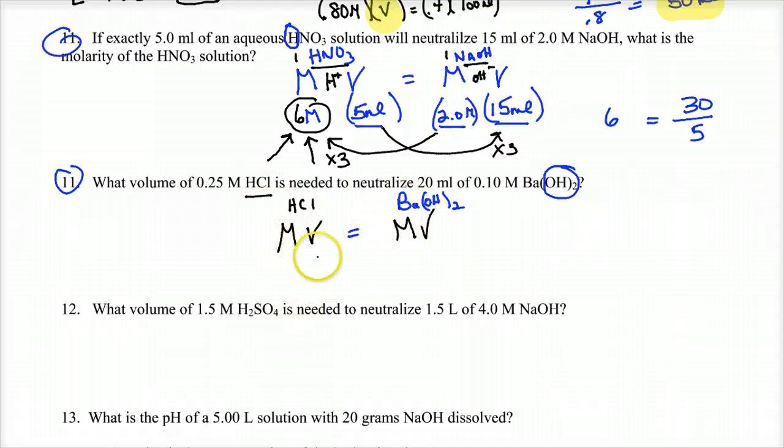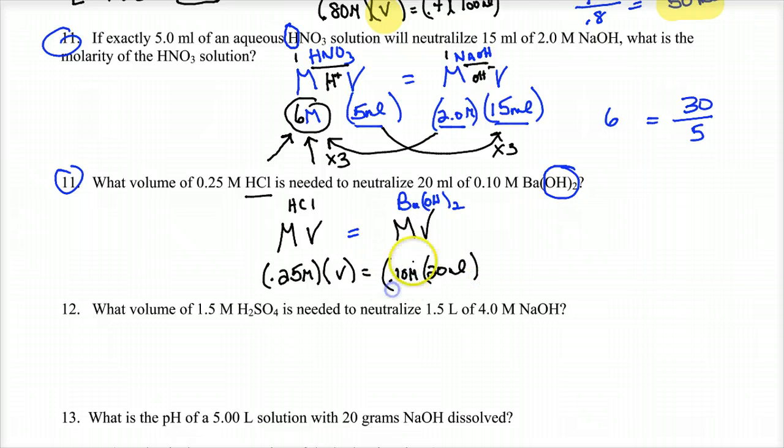Now, I'm going to do this first, and then I'm going to evaluate the answer after. So here we go. I'm going to plug in the values. I have 0.25 molar of my acid. They're asking how much volume is needed to neutralize 20 milliliters, that's my volume, of a 0.10 molar base.